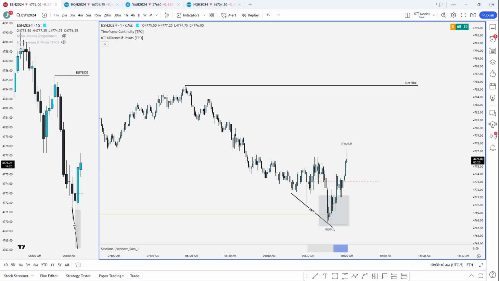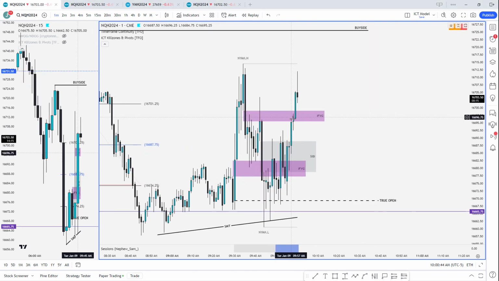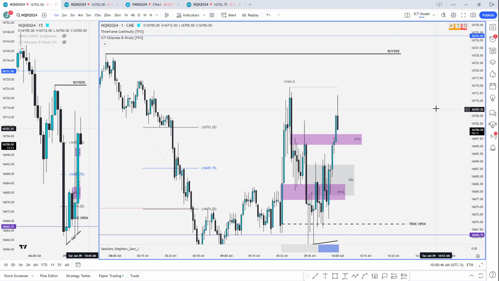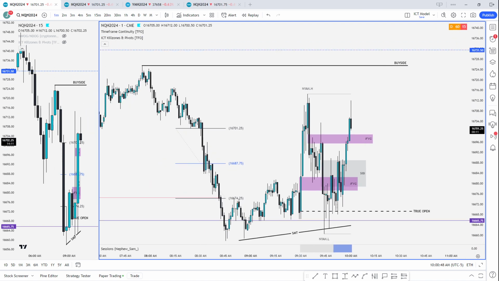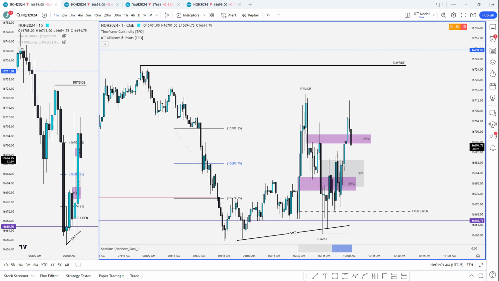It's the ES chart. So if you go back to NQ, this inversion should hold, right? Buy side up here. Order submitted. Trading back into the IFVG.